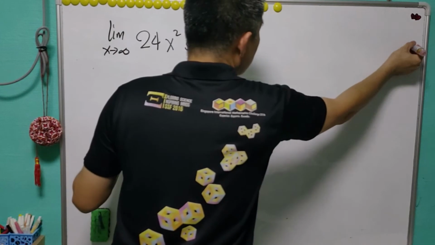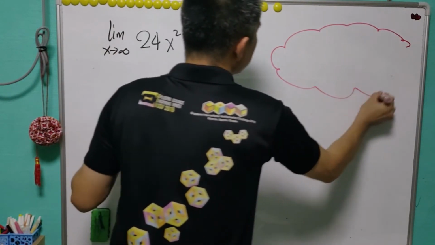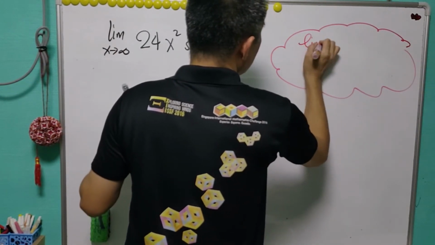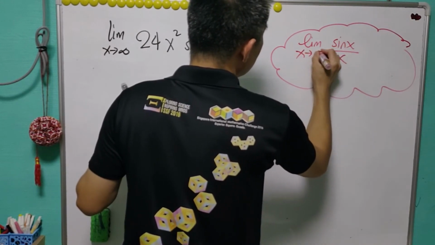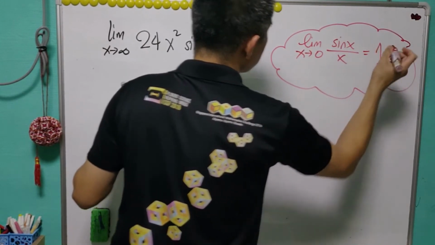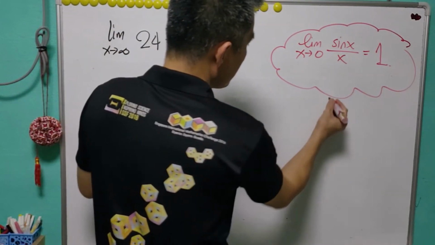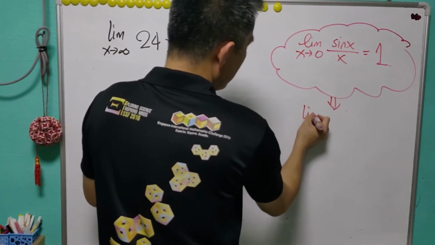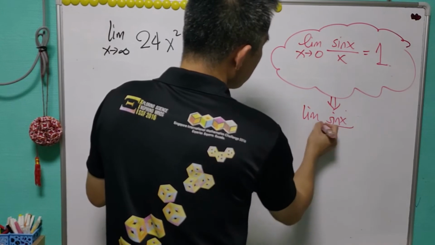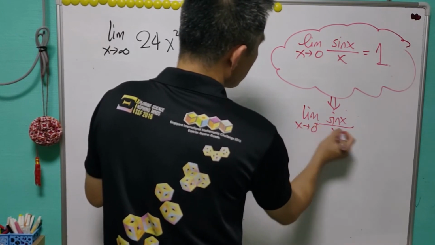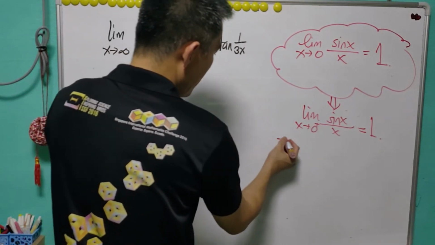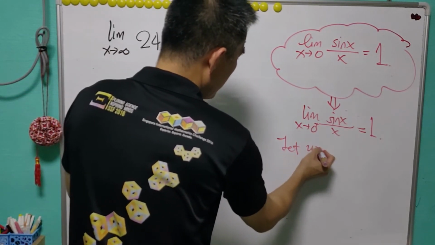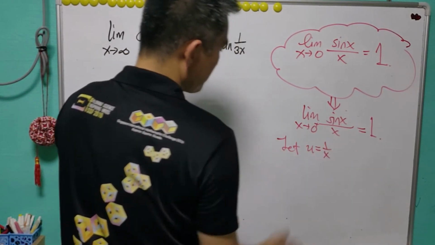Let us recall the result from the squeeze theorem, that the limit of sine x over x when x tends to 0 is equal to 1. Because of this, the right hand limit exists and it also tends to 1. And we can let u be equal to 1 over x.